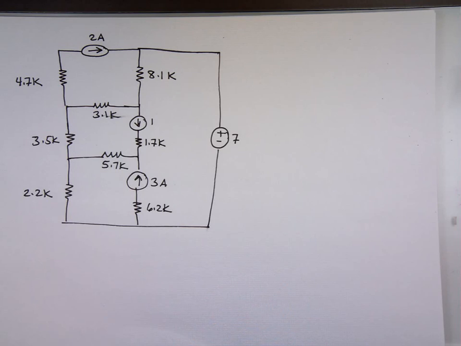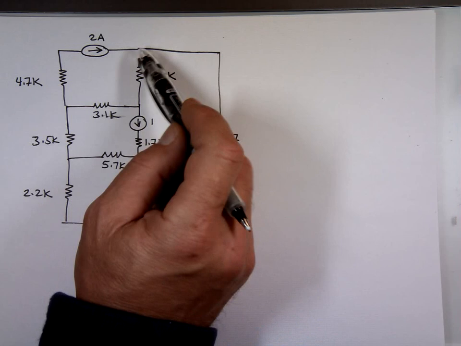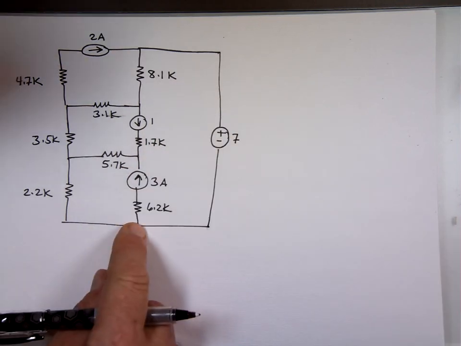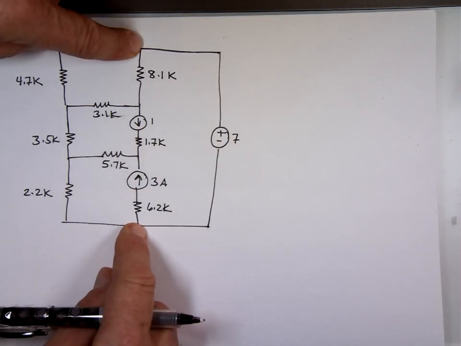Now, it doesn't matter what I'm looking for. If I go back to nodal analysis, we know what the voltage is here. We know this is ground. We know the voltage here, which is what? 7. But I don't know the voltage here.